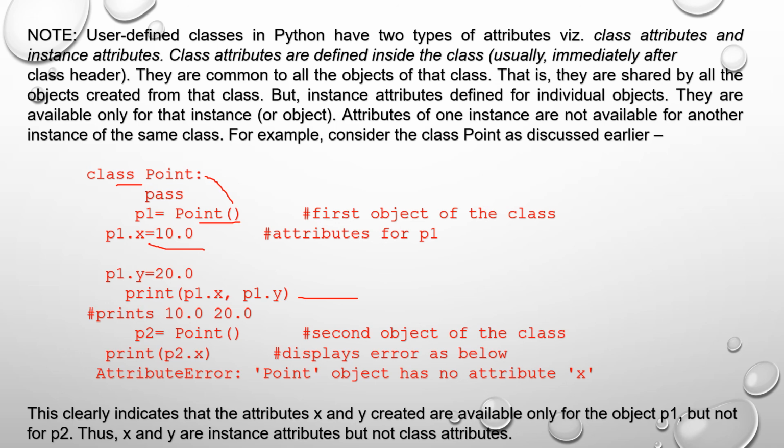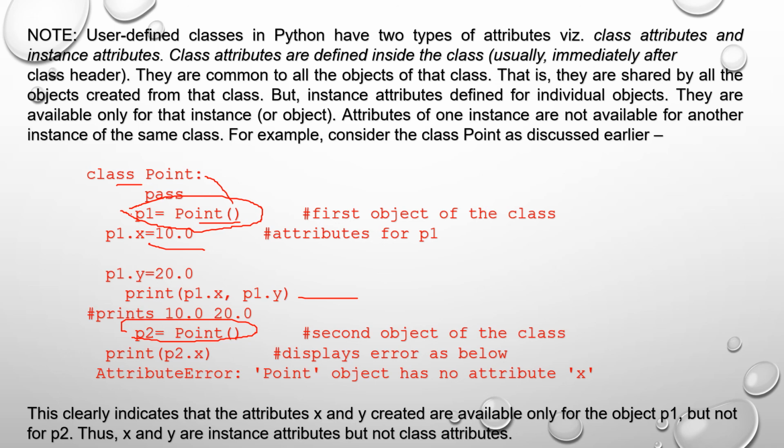Again, I am going to create the second object of the class. My first object is p1, and my second object is p2. p2 is equal to Point of. After that, I am going to print p2 of x. So it displays an error.